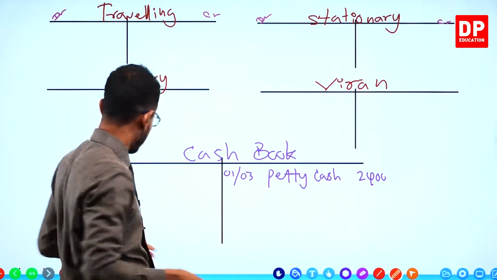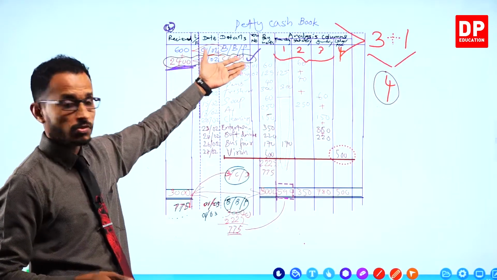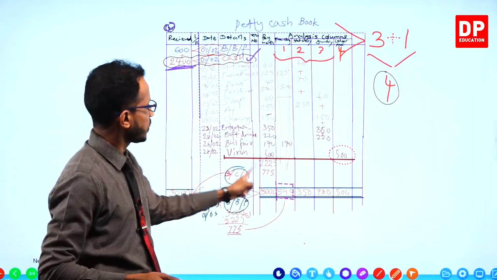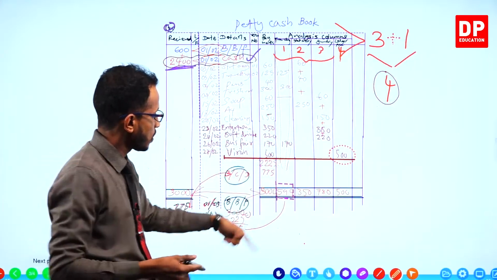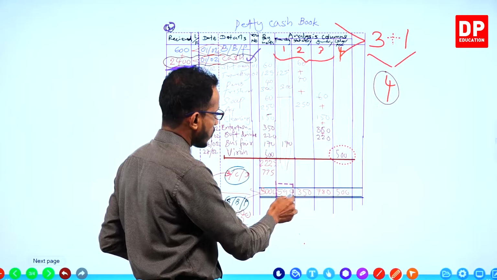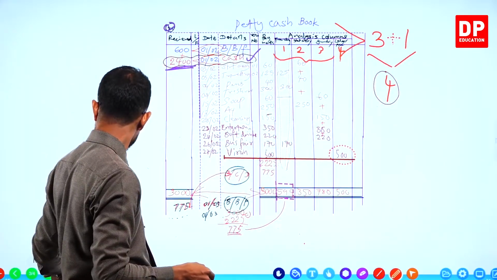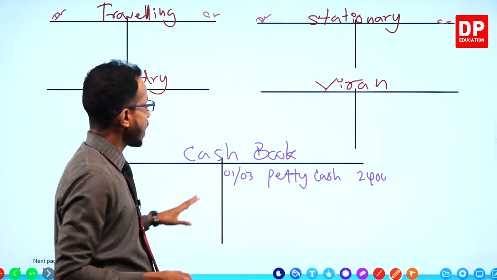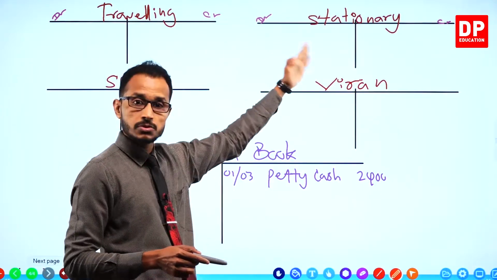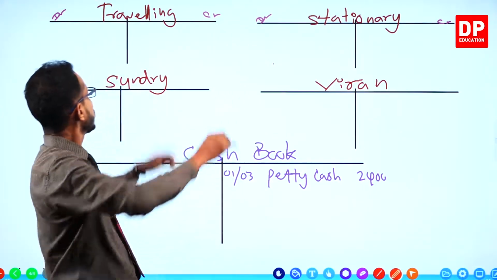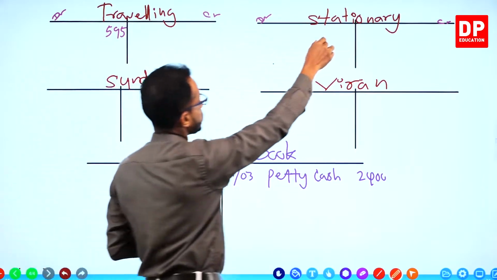It's debit because petty cash book was credited. This side is the credit side. 595 and 350 is on the credit side of the petty cash book, and the expense accounts should be debited. Every expense account should be debited. 595. Stationery account 350.